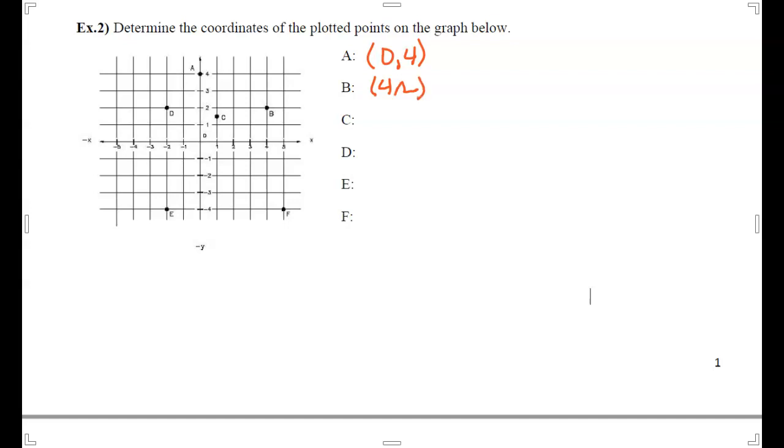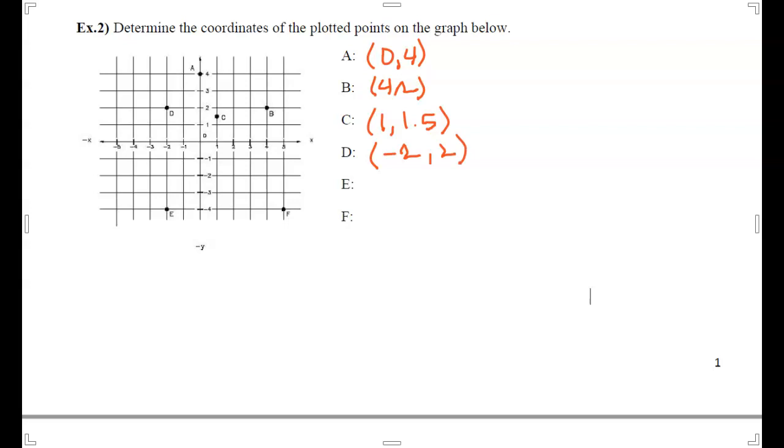C will have, let's see, 1 for x, and it looks like 1.5, or you could even put 3/2, for y. So 1 for x, and we'll just say 1.5 here. Okay, D will have -2 for x and 2 for y.